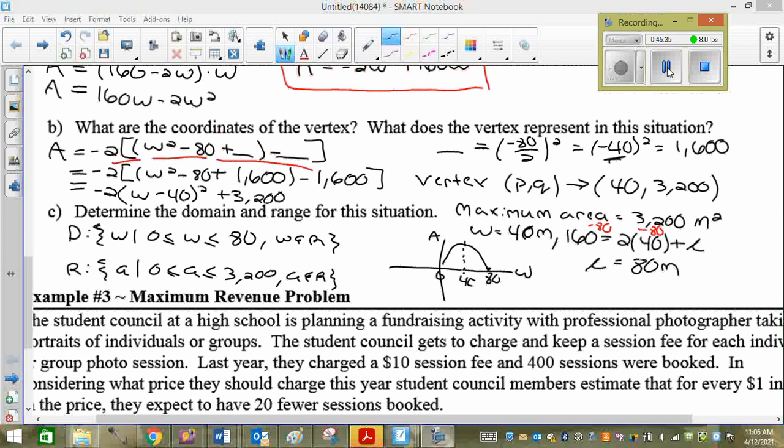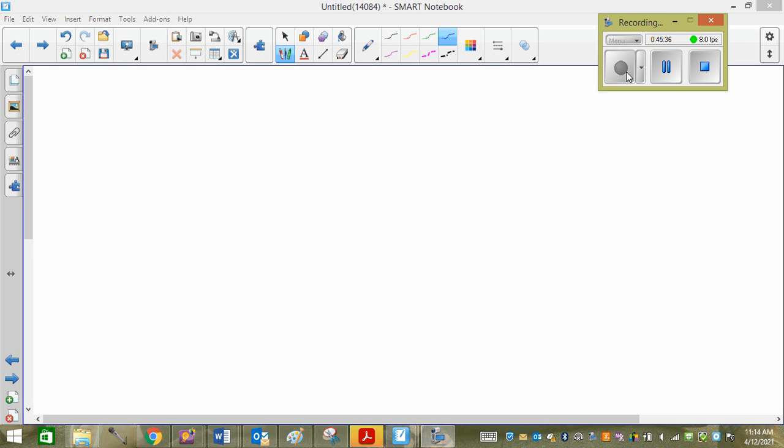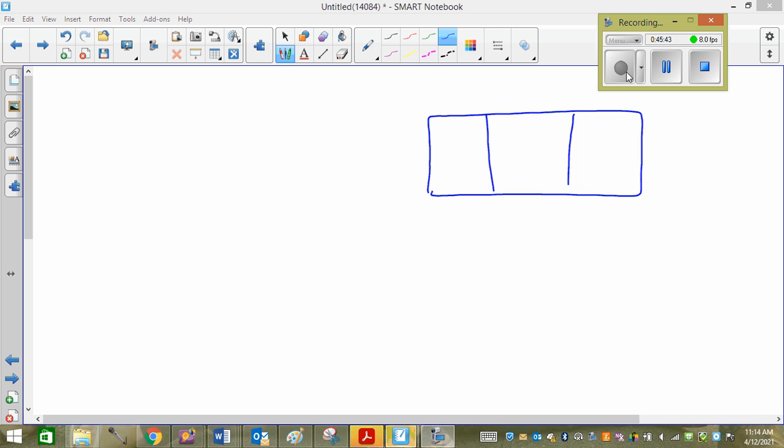If you're given something like this, but they're all equal, this is what? That's my length, right? And what is this? So it's 4 widths. So what's our perimeter?